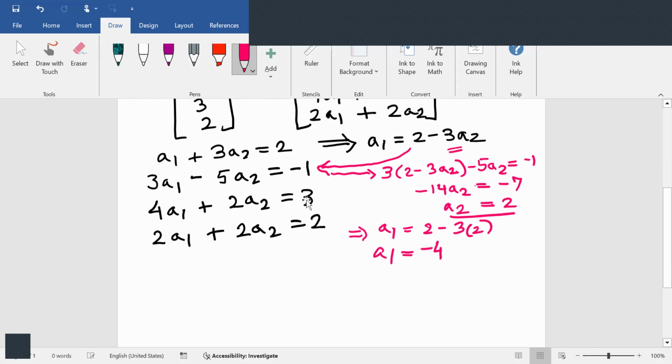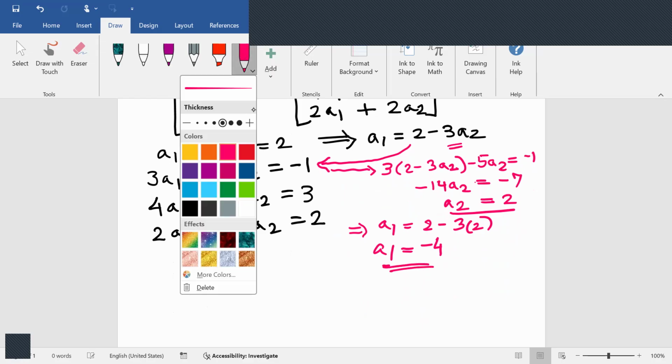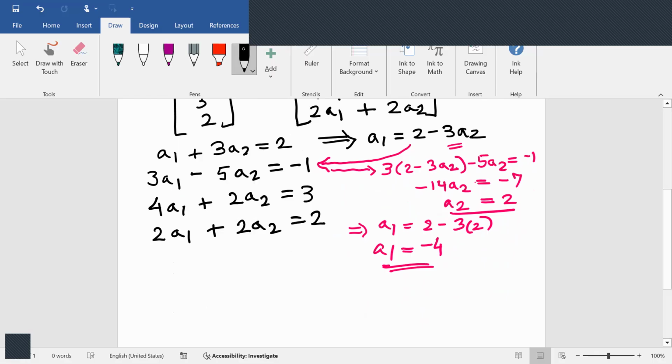Now I've got the values of a1 and a2, so I can resubstitute in the original equation, x3 is equal to a1 x1 plus a2 x2.